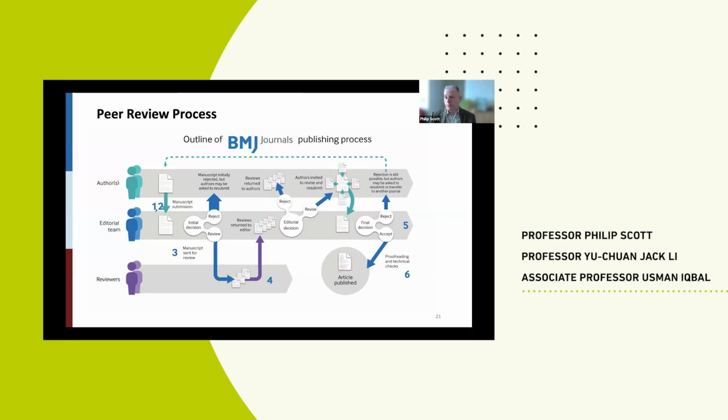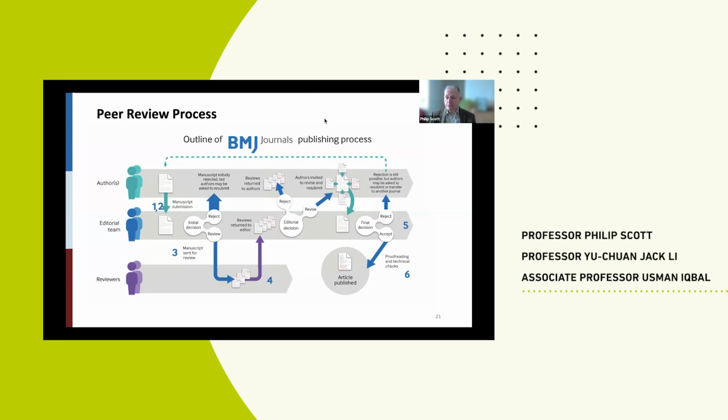once the peer reviewers are broadly satisfied and the deputy editor is happy to make a positive recommendation or a negative recommendation, again, that goes back in step 5 to the editor-in-chief, who will notify the author of the final decision, either to accept or reject.